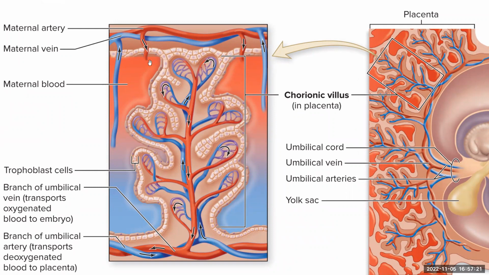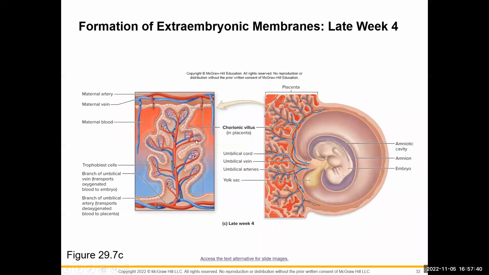They're close though, very, very close. And because they're in close proximity, we'll have not a mixing of the blood, but a diffusion of nutrients and respiratory gases across the chorionic villus.